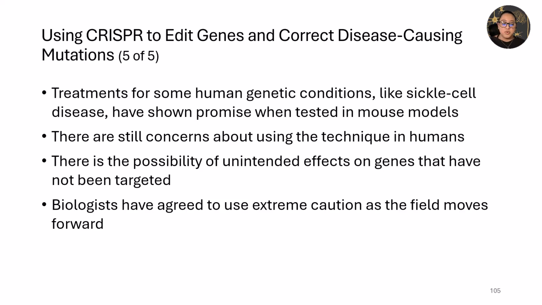And so we don't want that happening in a human. So there's still a lot of concern about using it in humans. So biologists have agreed to use extreme caution as the field moves forward, and that's why I was able to use it in tiny worms that are microscopic and not humans to study neurobiology and dopamine receptors.